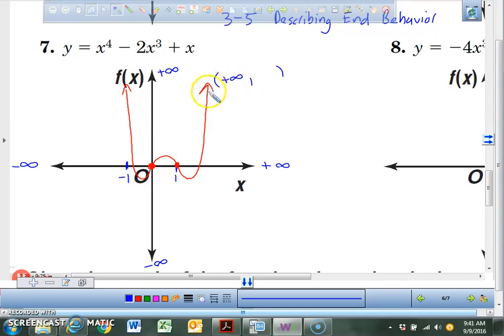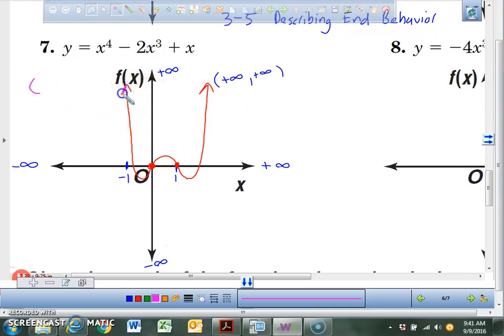What's the end behavior for all of my y values? It's going up. So it's also approaching what? Positive infinity. Think of these as soft brackets, which means I'm not including the number. I'm just saying my x values are going towards positive infinity, and my y values are going towards positive infinity.